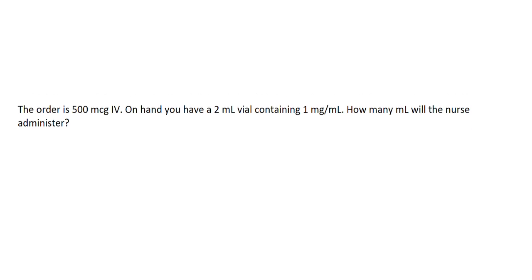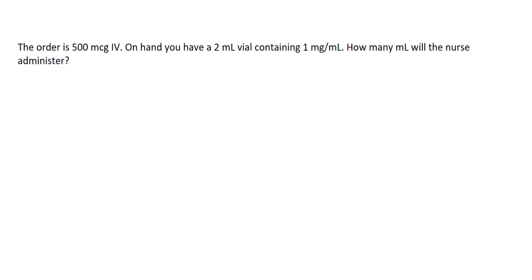Moving right along. The order is 500 mics IV. On hand, you have a 2 milliliter vial containing 1 milligram per milliliter. How many milliliters will the nurse administer? Looking for milliliters.